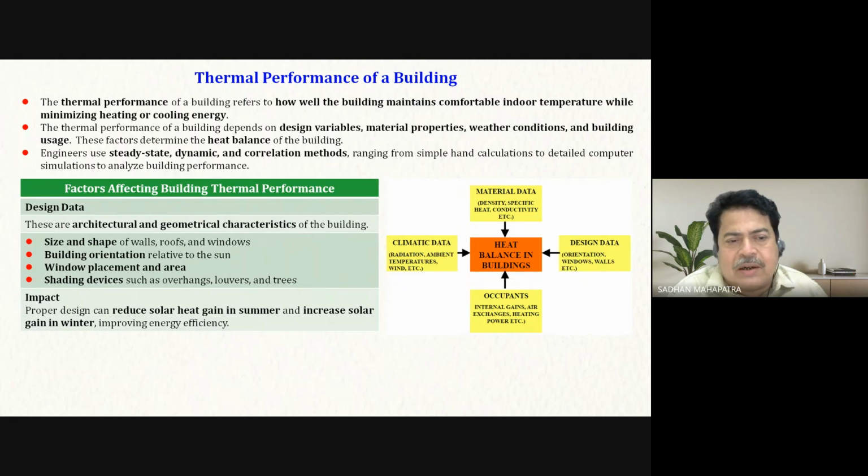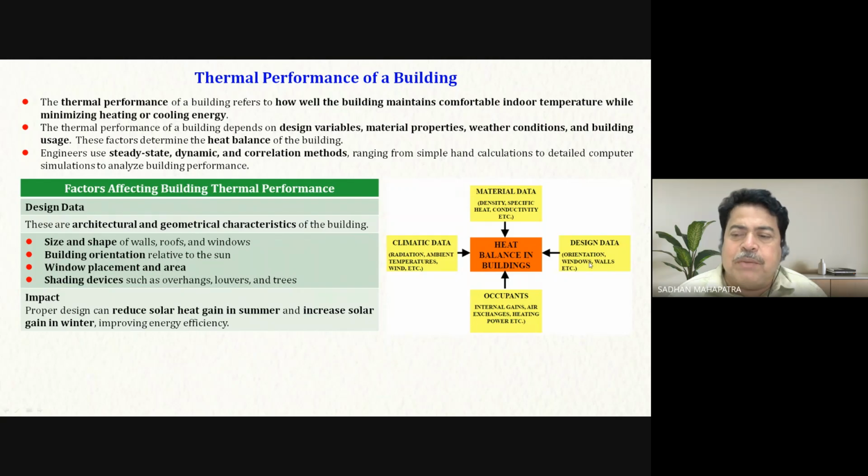So, what are the factors affecting the building thermal performance? Here you can see in the figure the heat balance in the building. It depends on the material properties, that means the building material properties: the physical properties like density, specific heat, conductivity. It depends on the climatic data like solar radiation, ambient temperature, wind.